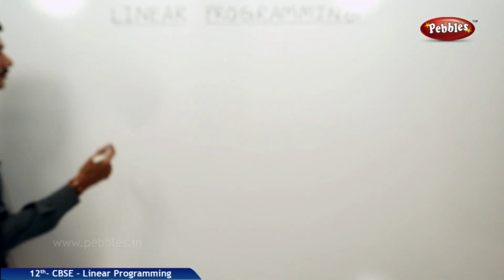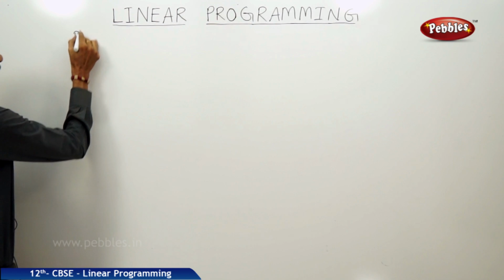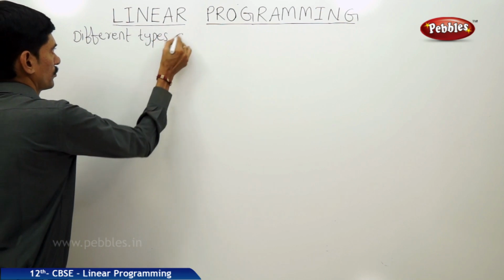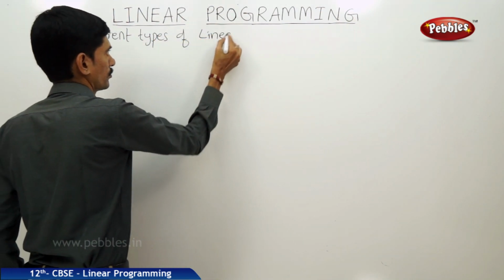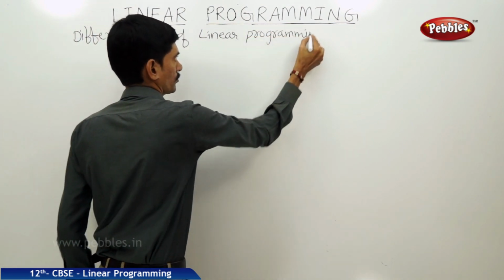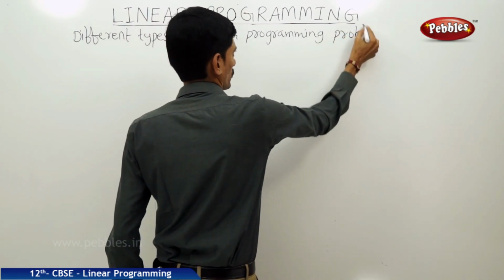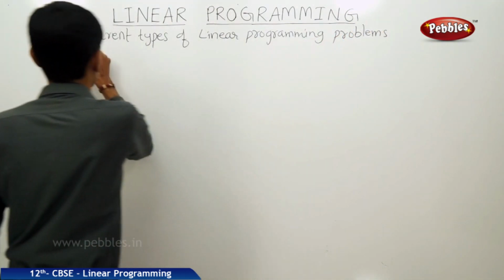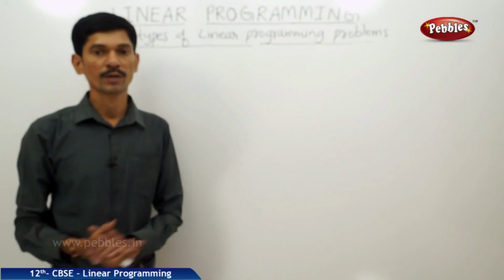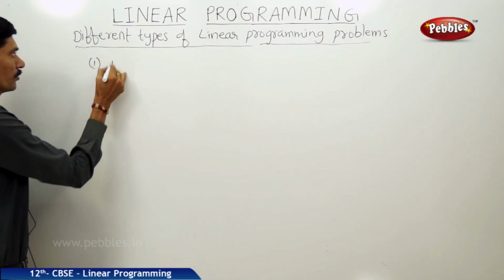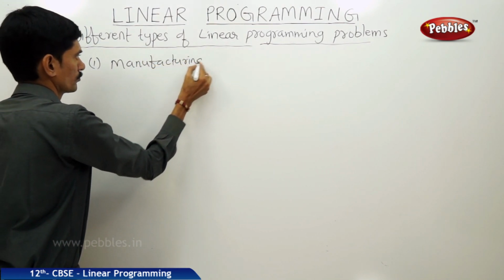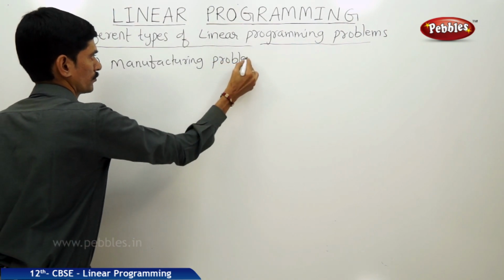Now let us see the different types of linear programming problems. Mainly we have three types of linear programming problems. First one is manufacturing problems.